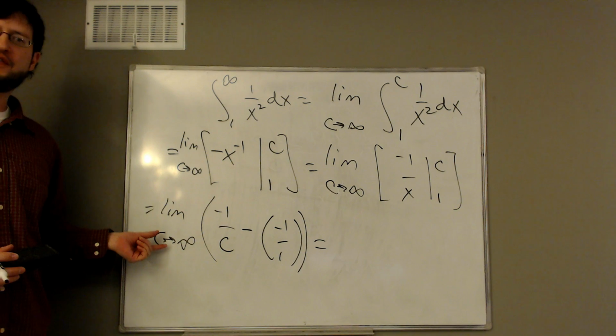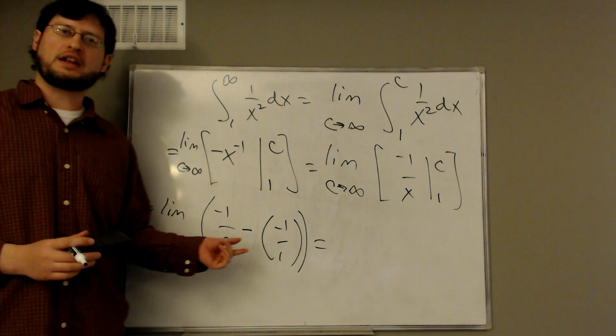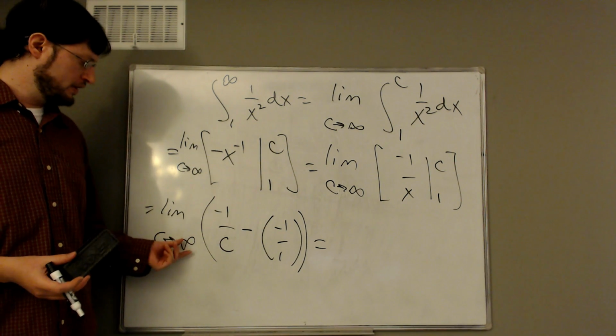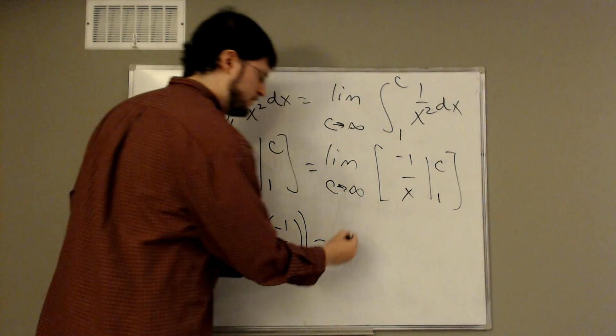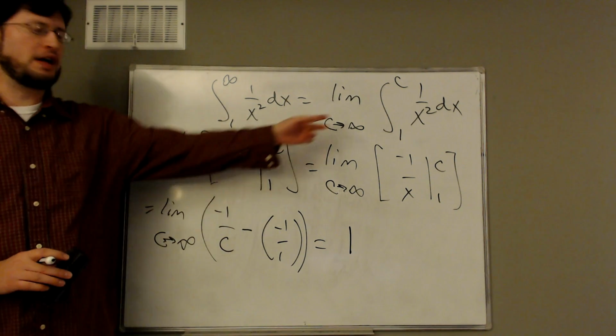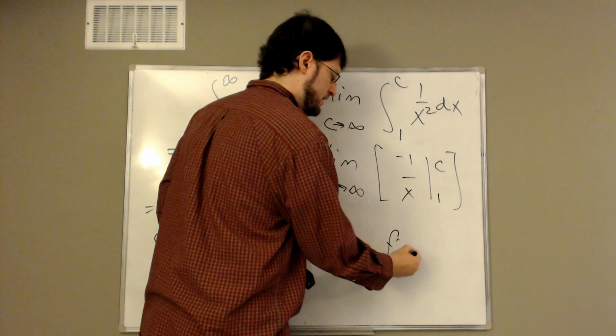When I plug infinity in for c over here, 1 over infinity, if I put infinity in the denominator it blows up, this goes to 0. So plugging infinity in puts 0 here, and this is positive 1. So the limit as c goes to infinity of my area under the curve is 1, which is actually finite.